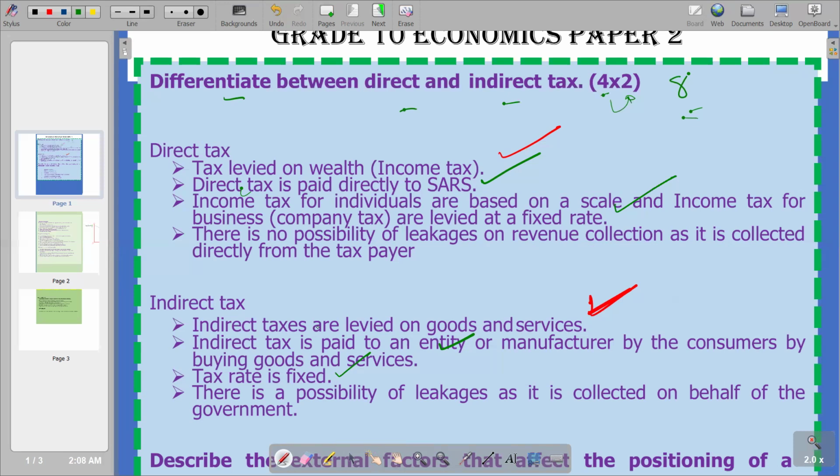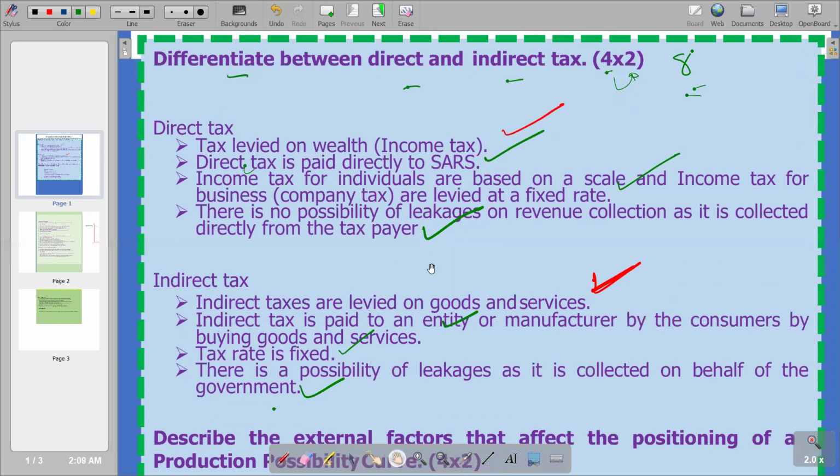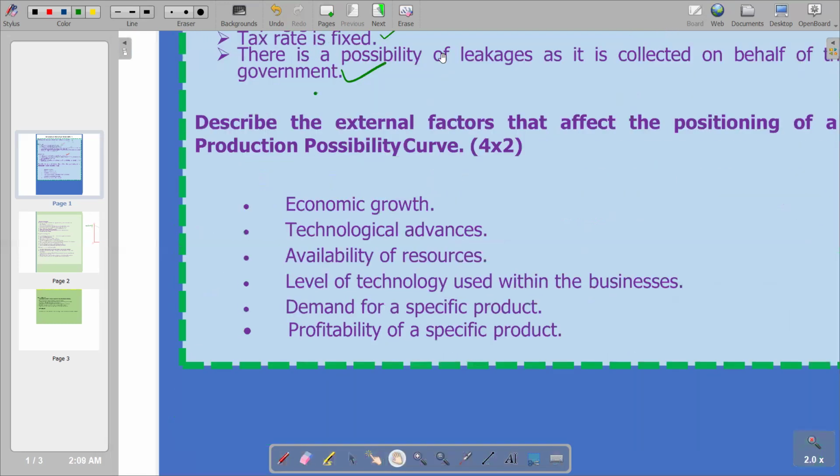The retailer collects first, and then submits to the tax authority, that is SARS. So along the way there might be some leakages. This is the last difference. Remember, we now have our four differences between direct and indirect tax. Let's see the second part of the question.